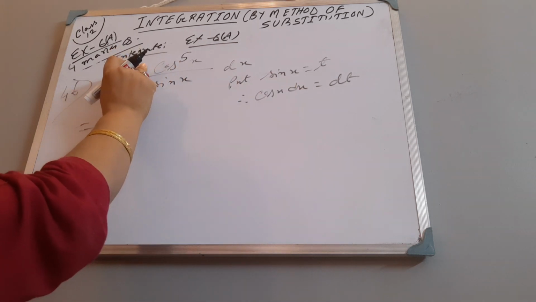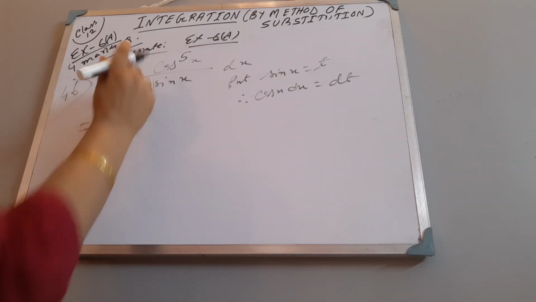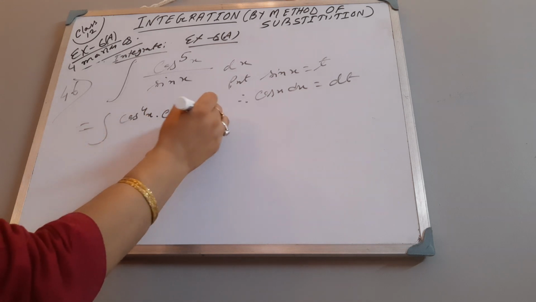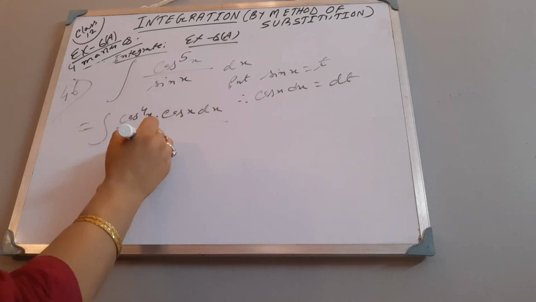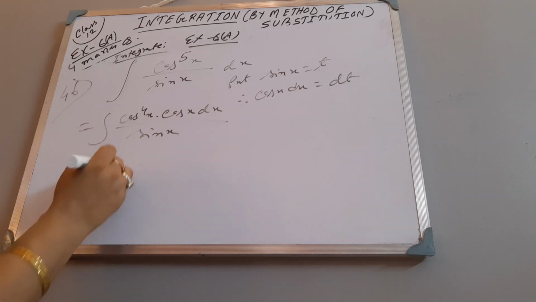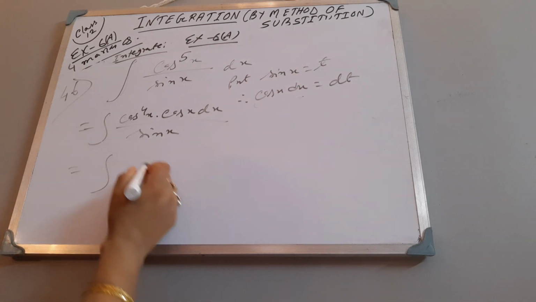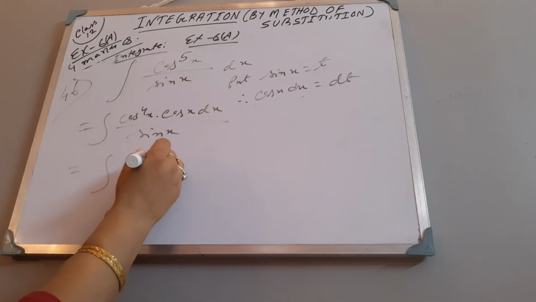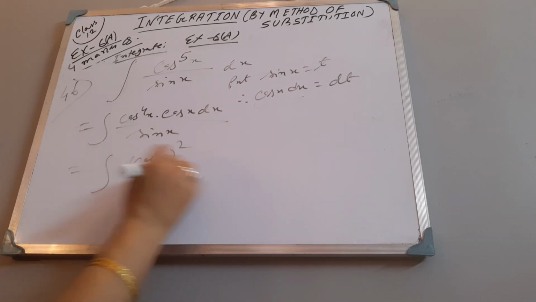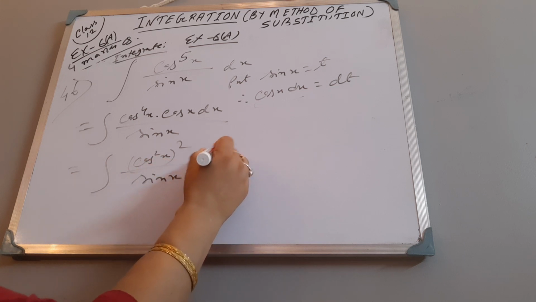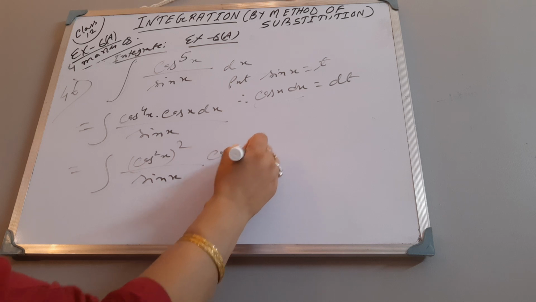So we will break cos to the power 5 as cos to the power 4x into cos x dx. Then it will be simple for us. Integral cos x dx we can put as dt, and cos to the power 4x we can write as cos square x whole square by sin x, and here it is cos x dx.